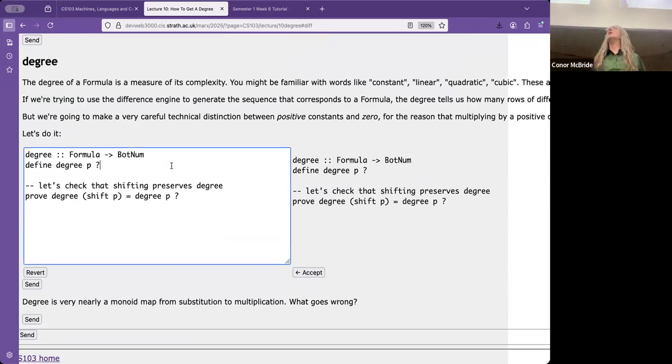That's one reason why we need to have a minus infinity knocking around, because that's going to be the degree of 0. 0 is so dangerously non-growing that we give it degree minus infinity.